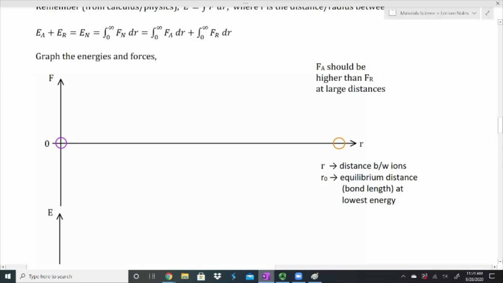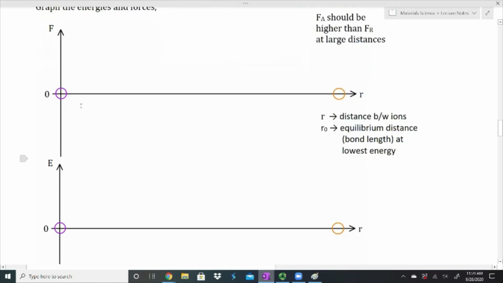But what I'm going to do is say, all right, here's our picture. And this first one, we're going to do two of them. This first one is our force. And so for this force, I have one atom right here at our origin, and I'm going to say that this is our positive charge.